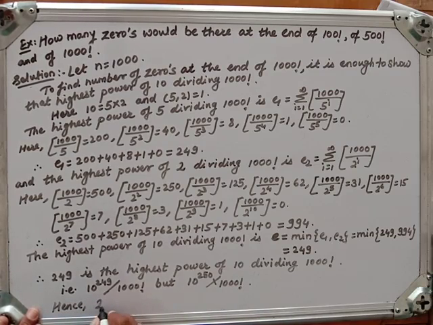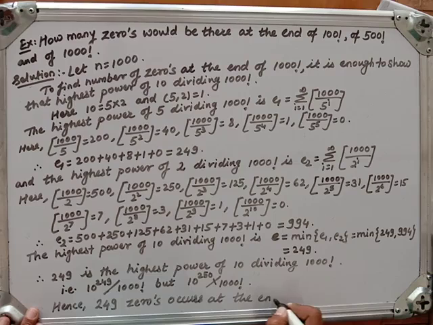Hence 249 zeros occur at the end of 1000 factorial. Okay, so as such these examples will be solved.